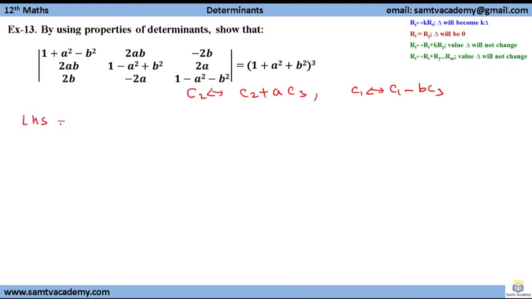So LHS is equal to: first column C1 minus B C3.